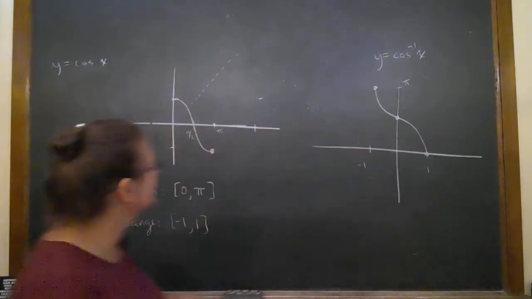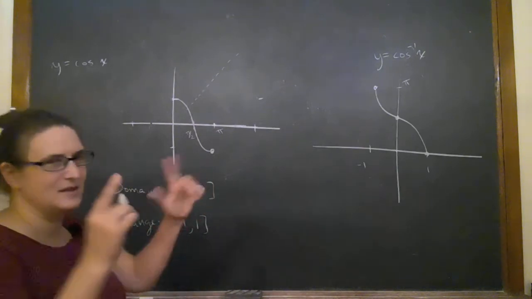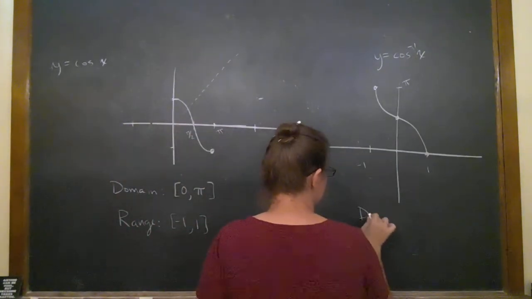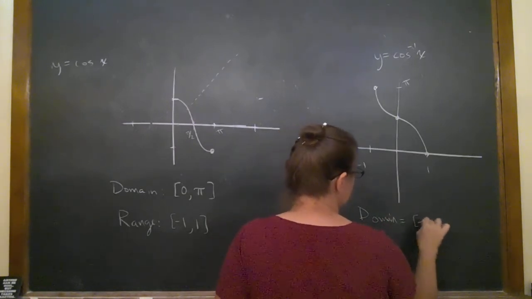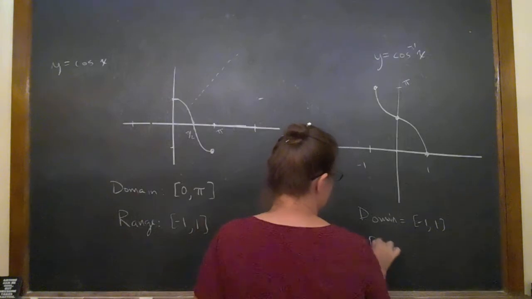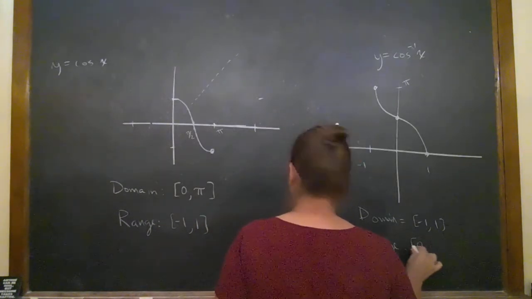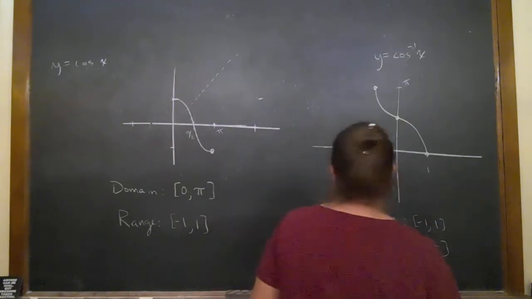So that is a little bit harder. I have a hard time picturing that in my head. I have to really be careful and make sure I don't get it going the wrong way. But anyway, domain is then -1 to 1, and range goes from 0 to pi.